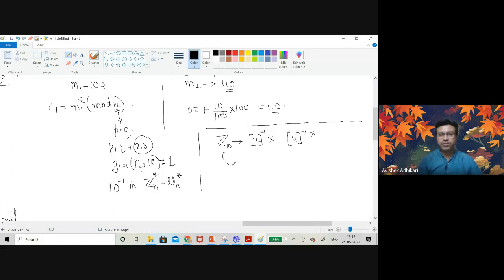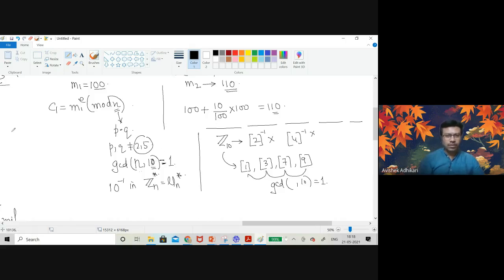So whose inverse will be there? The inverse of 1, 3, 7 and 9 will be there. All those elements that are relatively prime, whose GCD with 10 is equal to 1, their inverse will exist. As a result, in Zn star, the inverse of 10 will exist.